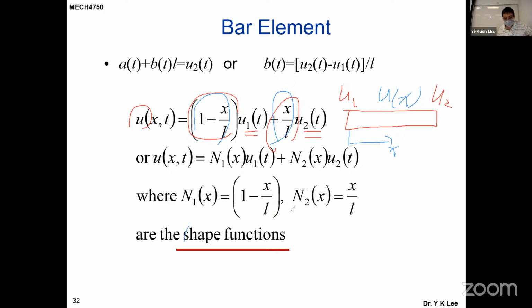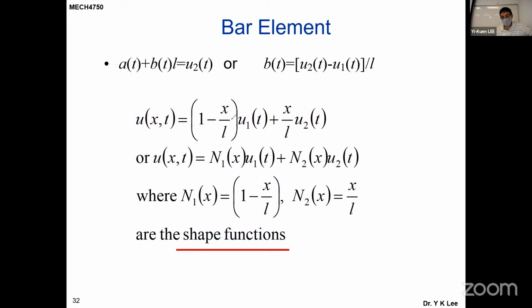This is called the shape function here. So this is the way U depends on the nodal variables, as a linear combination of them. This is the basic idea. And these two shape functions are orthogonal to each other, so they can be useful.